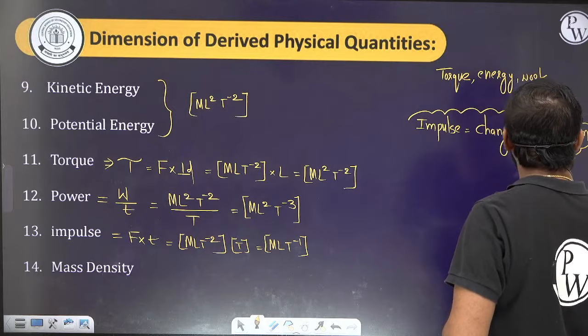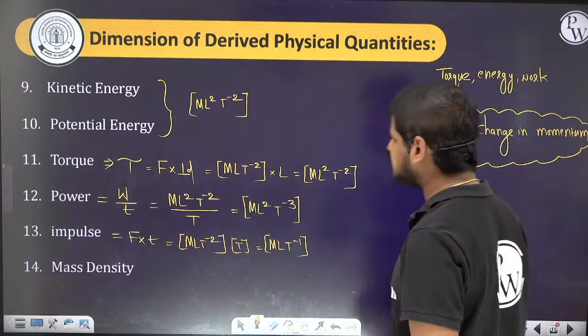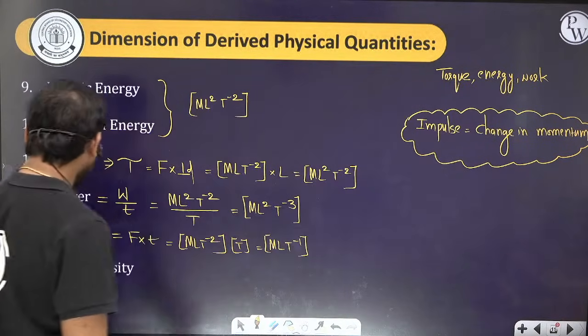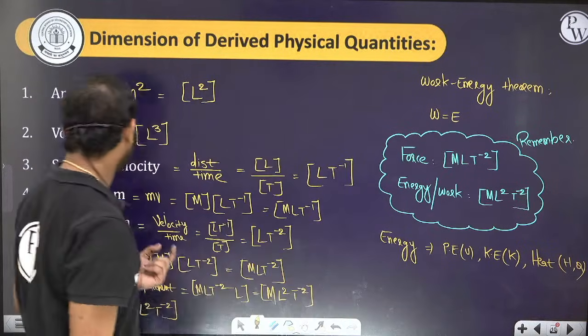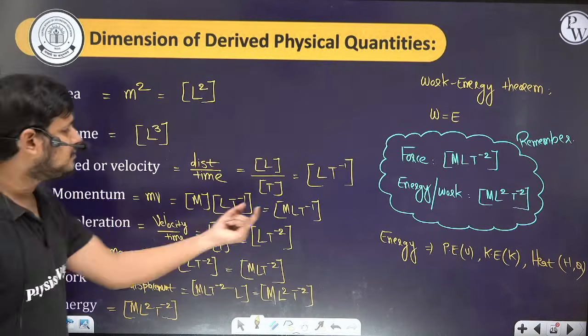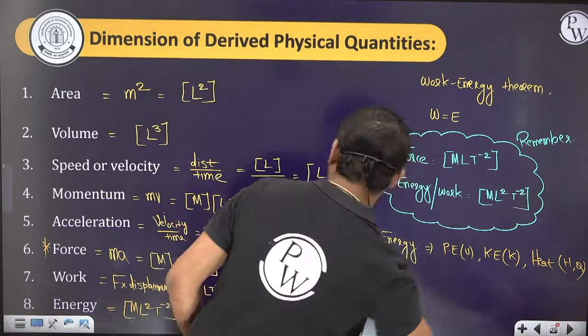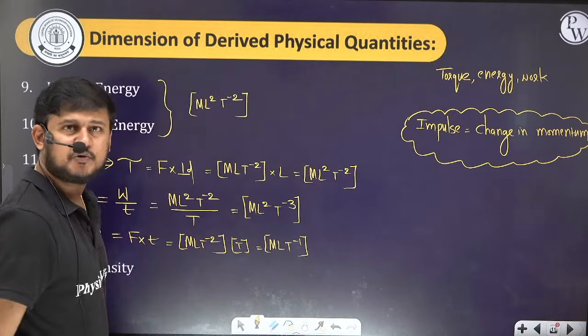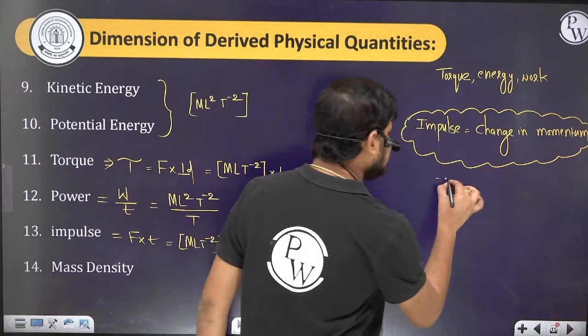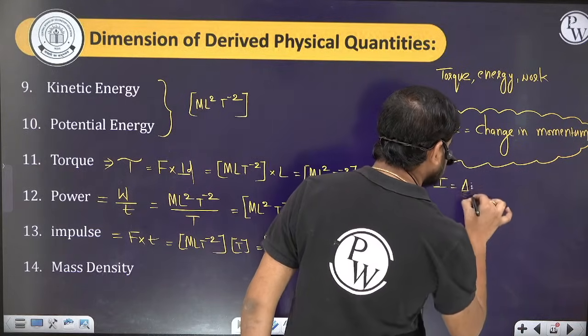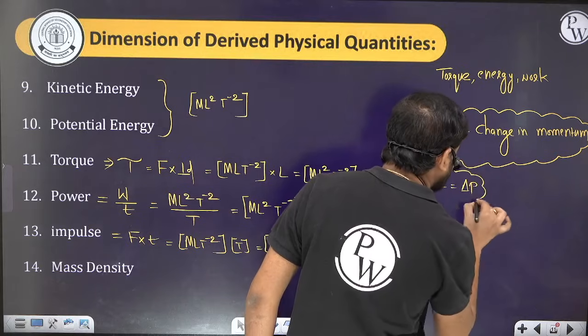If you observe here, impulse has M L T to the power minus 1, and also the linear momentum has M L T to the power minus 1. So the impulse is equal to change in momentum, I equals delta p. So remember this also. Done?